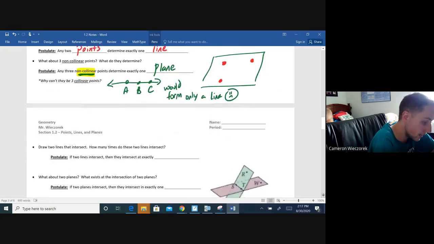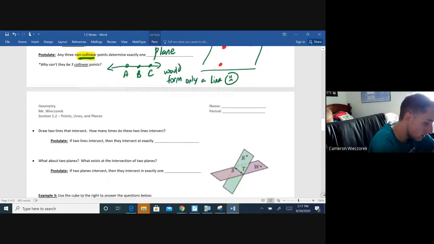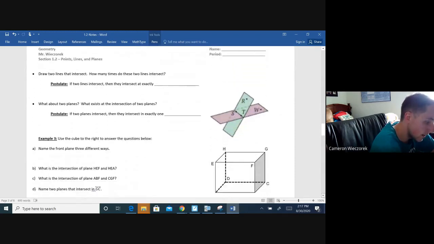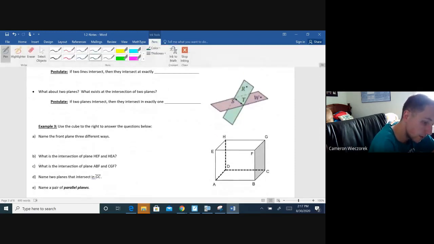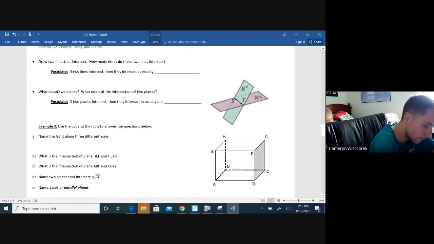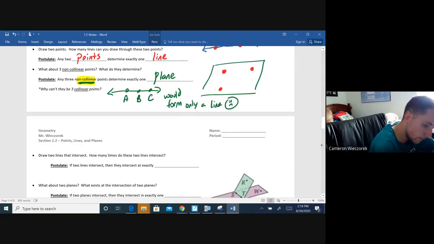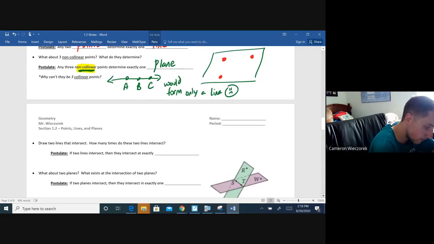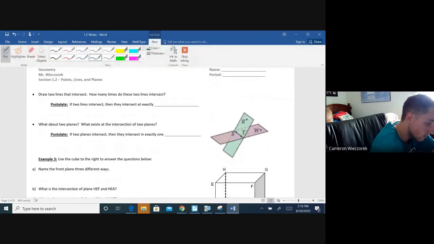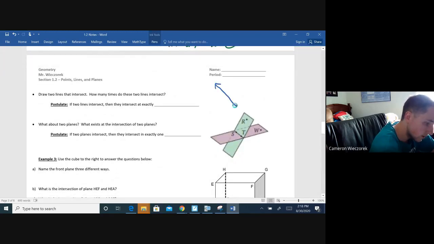Okay, let's talk about intersections. Let's draw 2 lines that intersect, meaning they cross. And from algebra, this one you're probably familiar with. If I draw 2 lines that intersect, line 1, line 2, how many times do they cross or intersect?